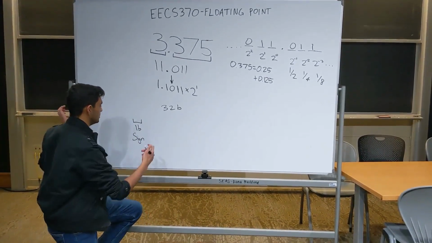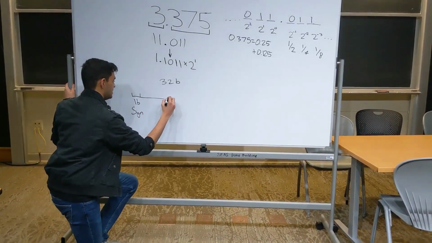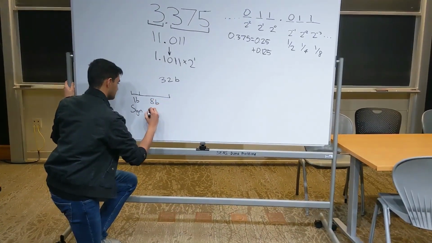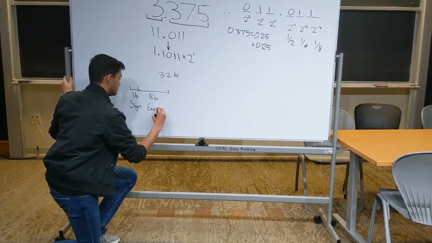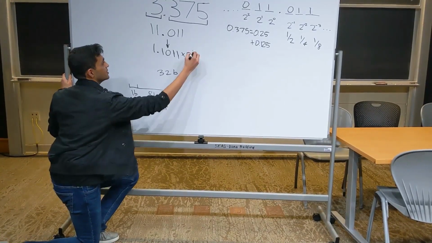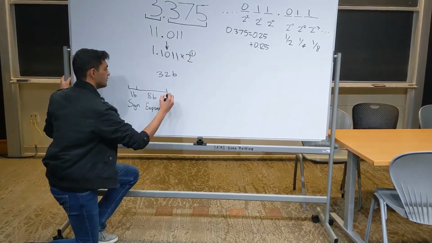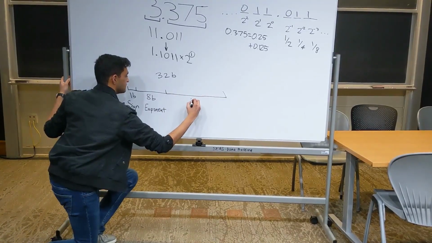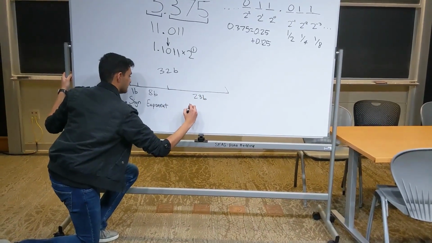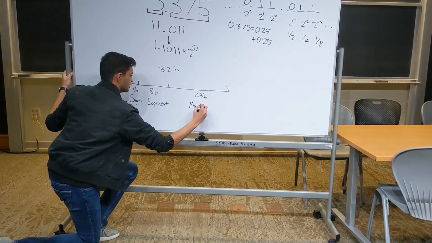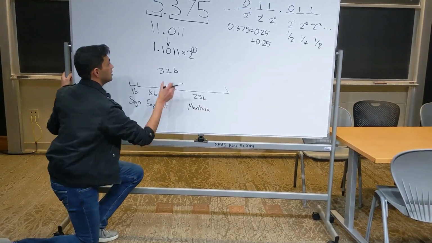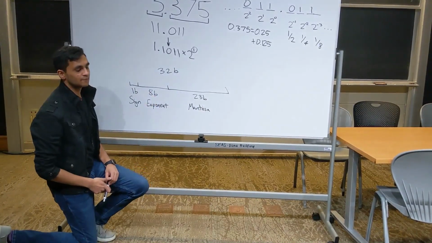With a negative number, the bit will be a 1. Then the next 8 bits are going to be the exponent. And these 8 bits tell us information about this number here. Finally, the last 23 bits are the mantissa. And this is going to come from the values that appear on the right-hand side of this decimal point.